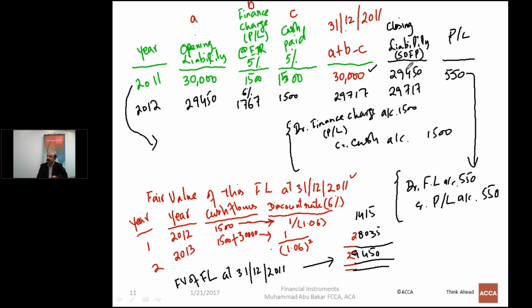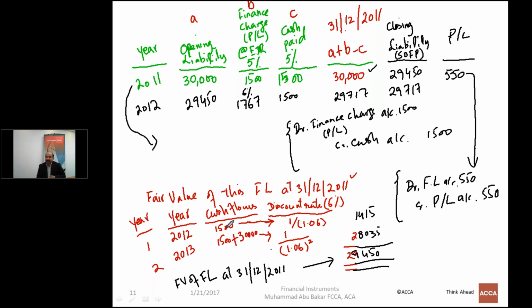This is in fact the difference between the carrying value as calculated using the information available during 2011 and the fair value. So this is the way you will account for a financial liability which will be carried at fair value. Whenever there is a change in the market interest rate, at that point in time, you will be recalculating the fair value of that instrument.